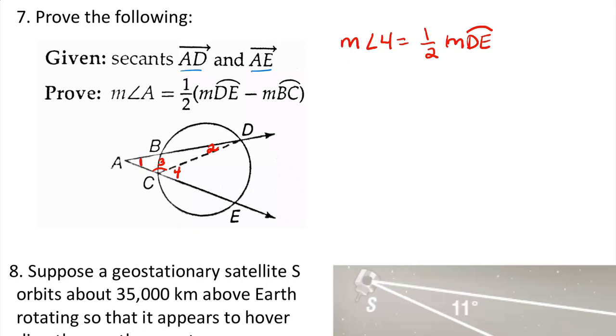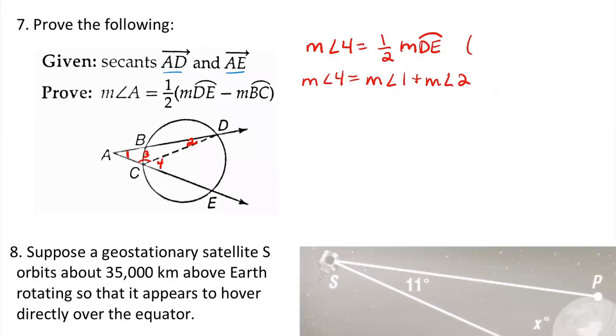We also know that this angle 4, based on the exterior angle theorem, which was a couple months ago, is the sum of these two angles. So measure of angle 4 equals measure of angle 1 plus measure of angle 2. This was the inscribed angle theorem.